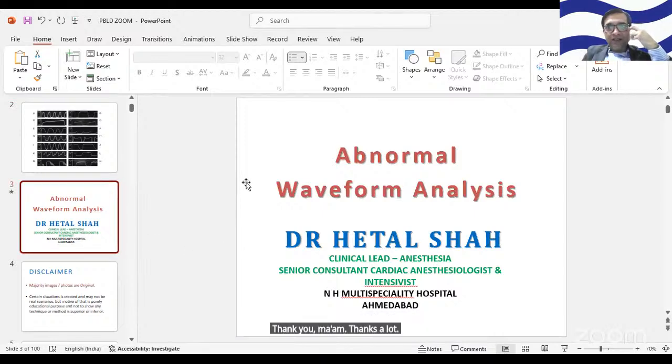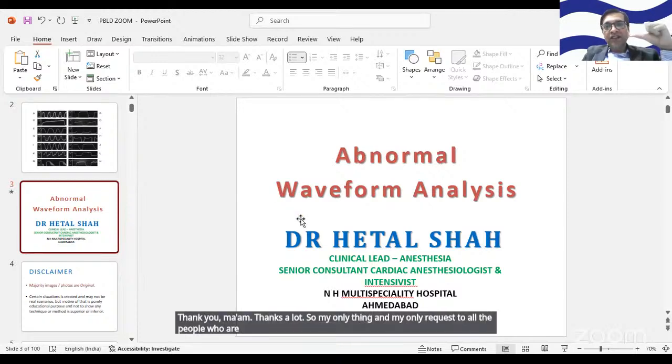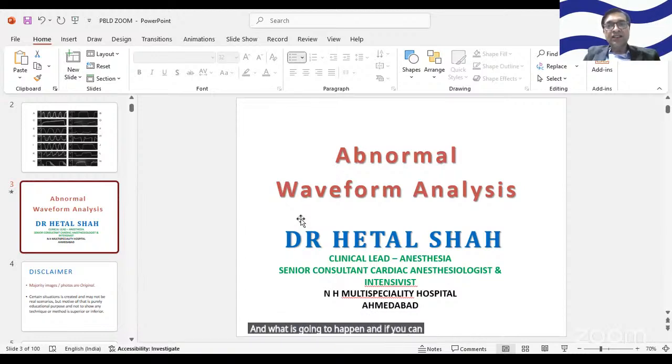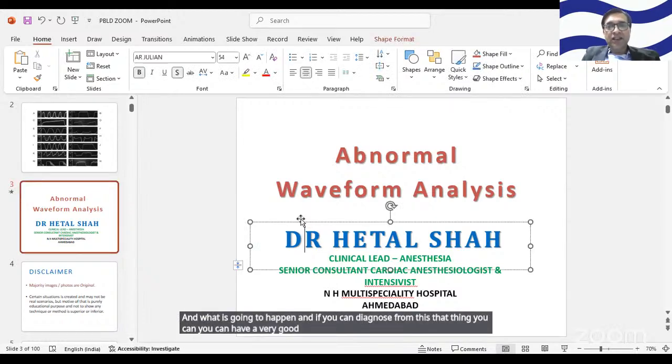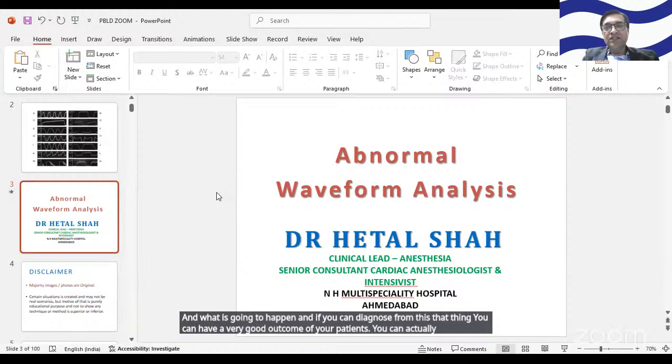My only request to all the people who are listening is that when you look at the ETCO2 curve, this ETCO2 tells you a lot of things way ahead. Probably 1 or 2 minutes ahead, it can tell you what is going to happen. And if you can diagnose from that, you can have a very good outcome for your patients. You can actually avoid a scenario which can lead to unnecessary havoc.